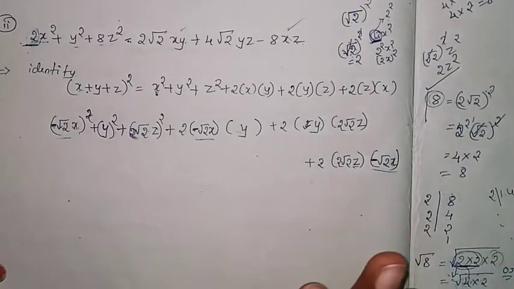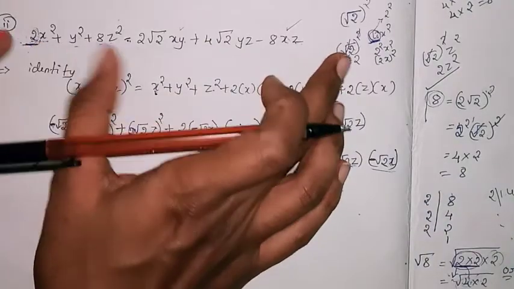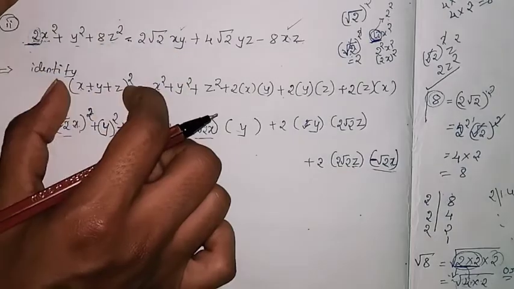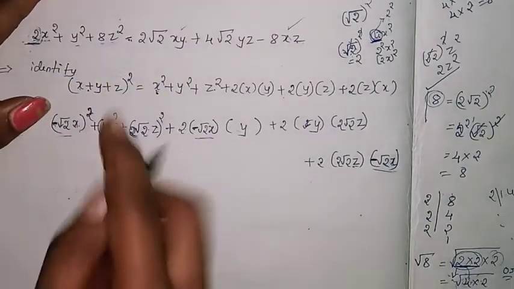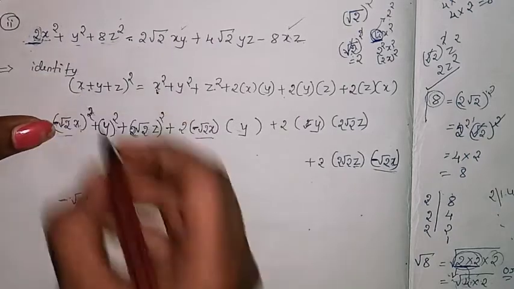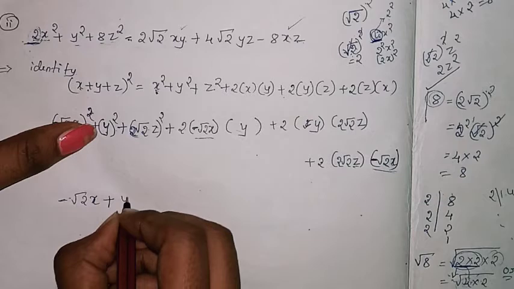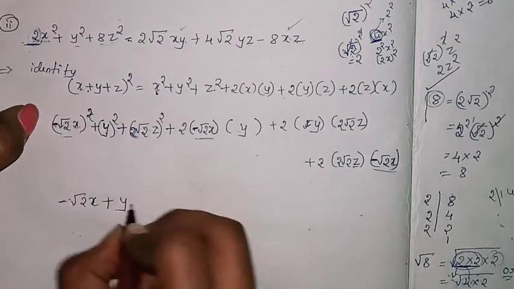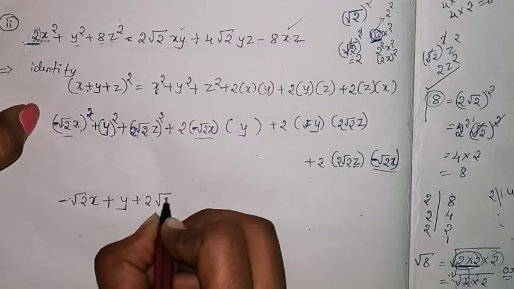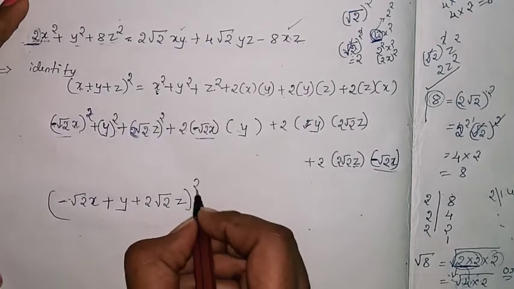So now this is about how to solve the factorization term when they have given the expand form and you have to write in the form of the LHS side. So now I will write the LHS side, that is minus of root 2x, x term plus y is this one, and z is plus of 2 root 2 z whole raised to square.